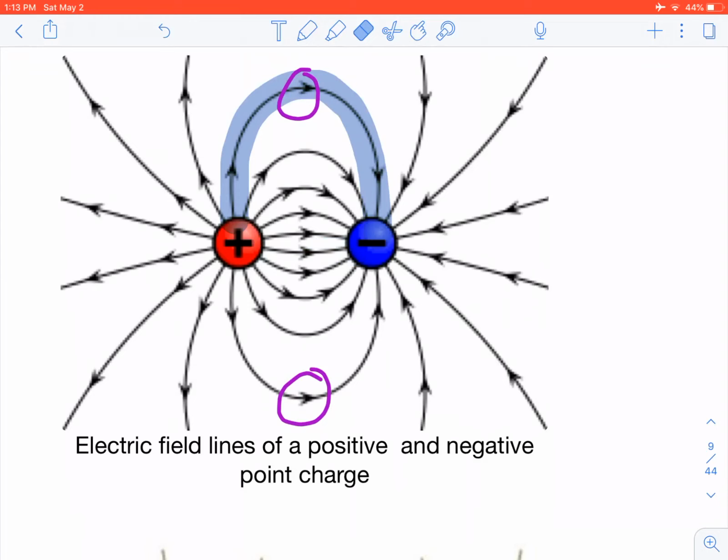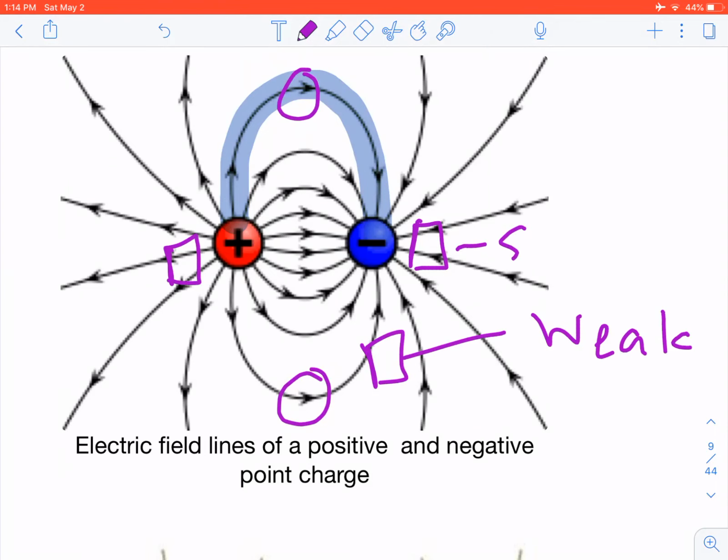And again, the same principle applies. If you want to know where the field is strong, here it looks like the field is strong, there the field is strong, and here in this area the field is maybe weak. Here it is relatively strong, isn't it?